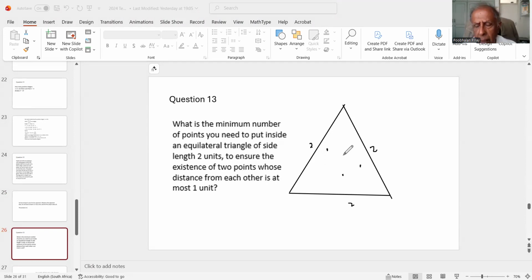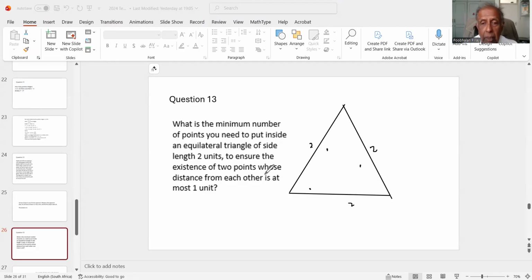Let me put this a little bit further away. I can put these 3 points quite far apart.